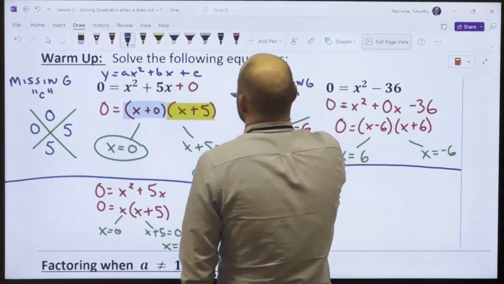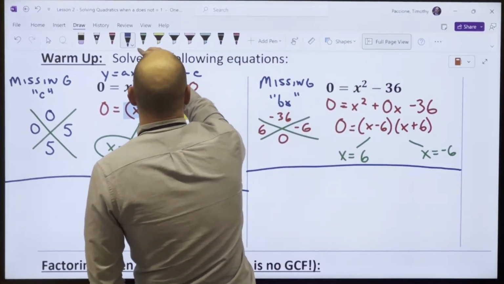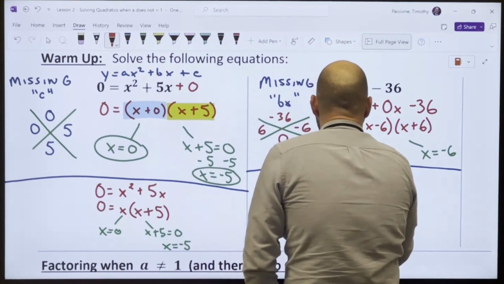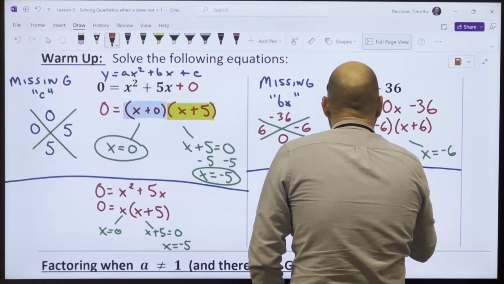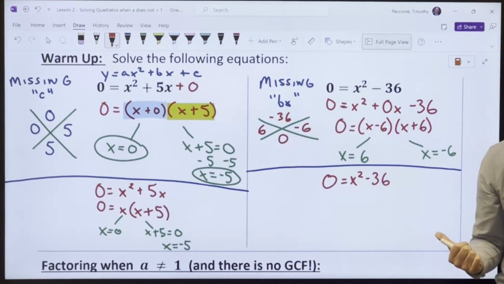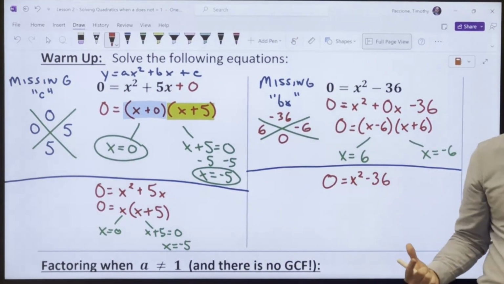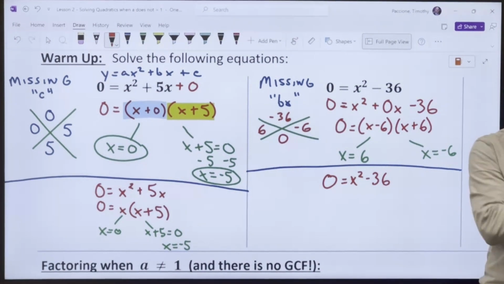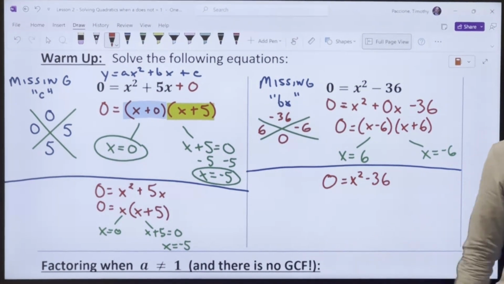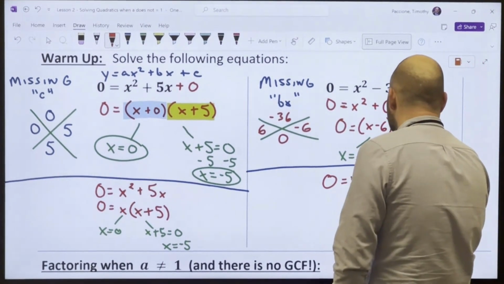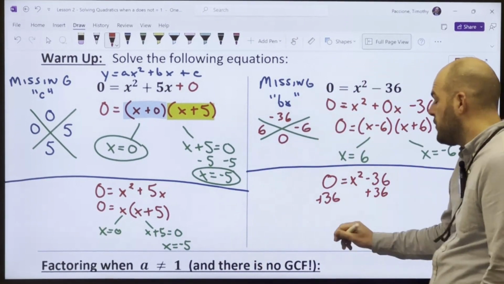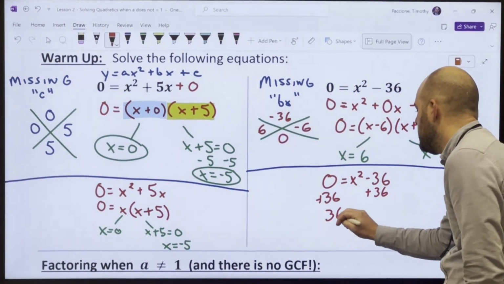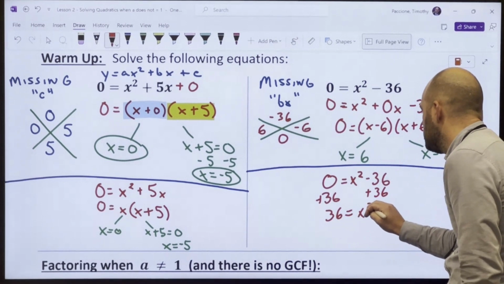Now, I told you there were two ways. The second way is to say, well, I know if I have 0 equals x squared minus 36, back when I first learned about solving for x, we just tried to get x by itself. That's all we did. We just moved things away from x and got x by itself. So you can do that. You can add 36 to both sides. You get 36 equals x squared.